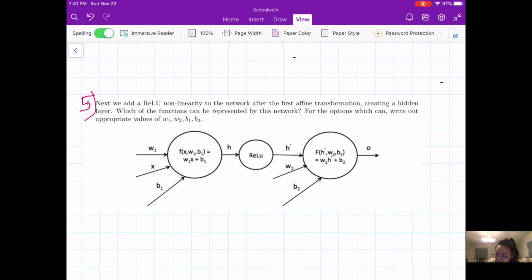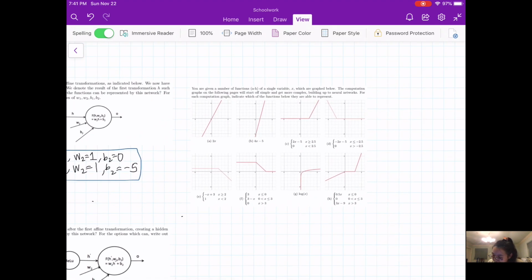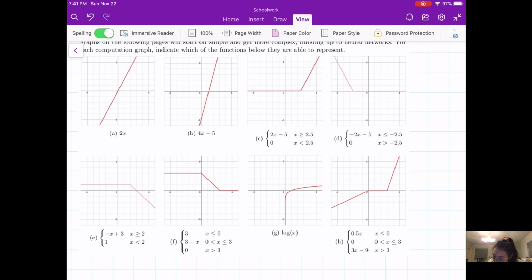So based on that, if we look back at the different graphs we have, that means everything that was attainable with option 3, so C and D, is still attainable because with the second affine node, we can just not do anything with it. But then that means now E is also attainable because that is just a ReLU but flipped over the x-axis.